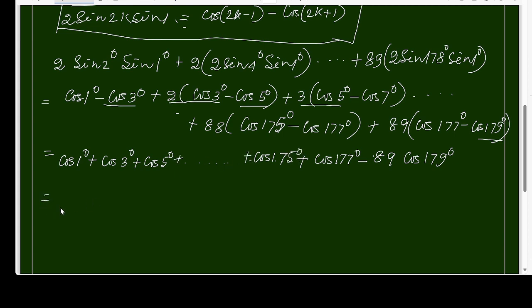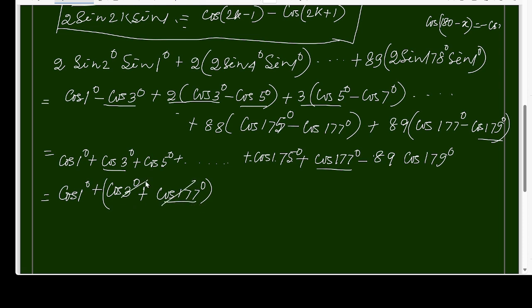Next, pairing. So cos 1 cannot be paired, but cos 3 degree I'll pair with this. Why? Cos 3 degree plus cos 177 degree will cancel each other, because cos x is the negative of cos of 180 minus x. If you recall, cos 180 minus x is equal to minus cos x. So this will be nothing but minus cos 3 degree, so this will be cancelled.